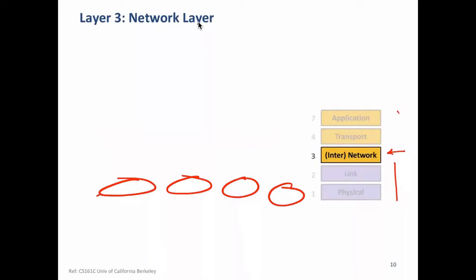If there is a node A here that wants to communicate with a node or laptop here, say B, and A knows B's address, then there should be something that routes the message through multiple hops. Basically, it takes care of multiple hops.